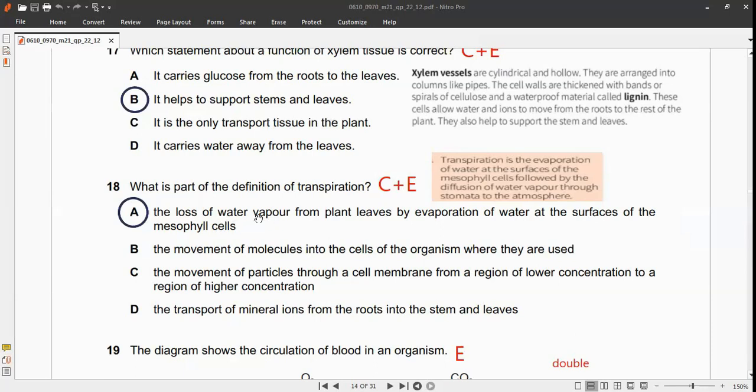Not the movement of particles through a cell membrane from a region of lower concentration to a region of higher concentration, that is active transport. Not movement of molecules into the cells of organisms where they are used. Not the transport of minerals, ions from roots into the stem and leaf nodes. The loss of water vapor from plant leaves by evaporation of water at the surface of mesophyll cells.